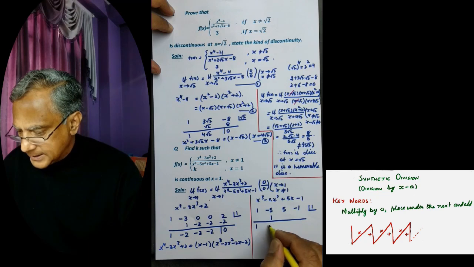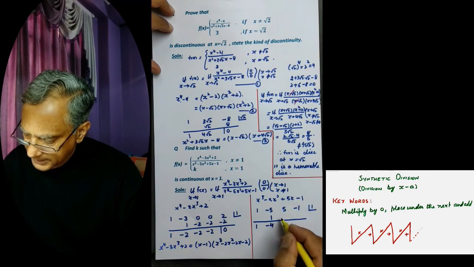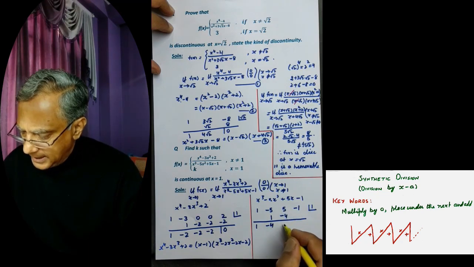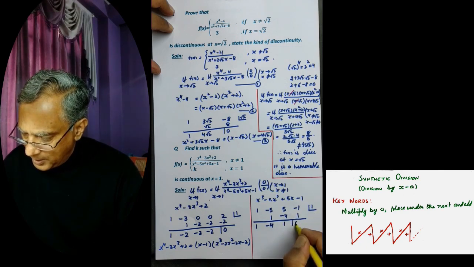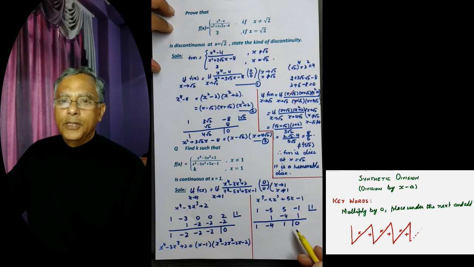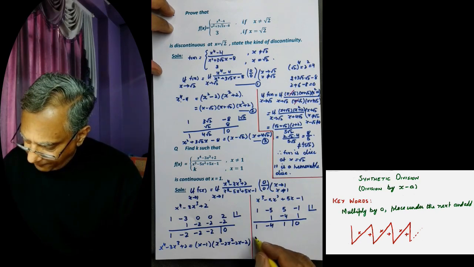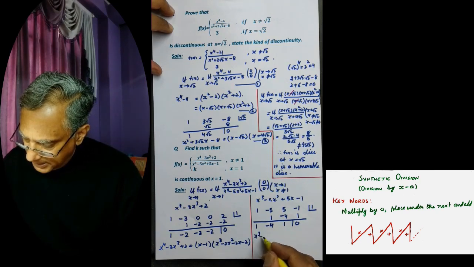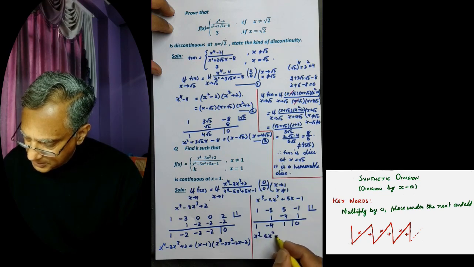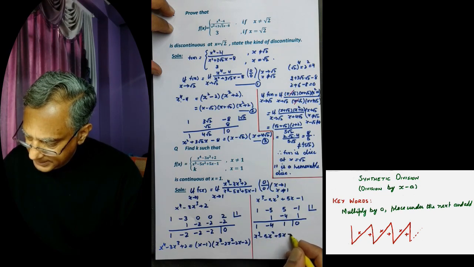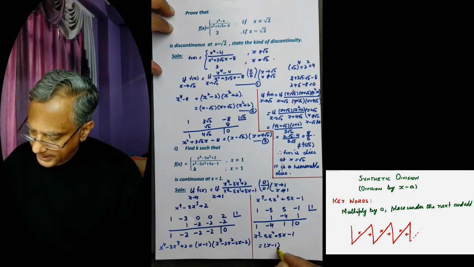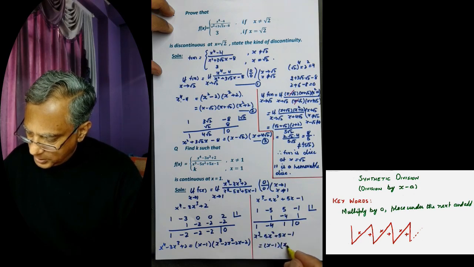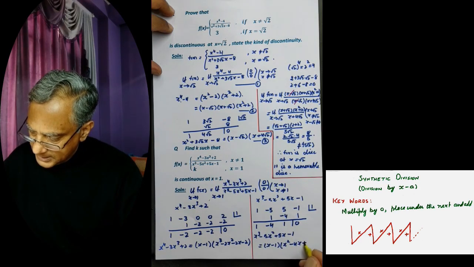Place under the next and add. Multiply by this, place under the next and add. Multiply by this, place under the next and add. Remainder is 0. So we get the factors: x^3 minus 5x^2 plus 5x minus 1 is equal to x minus 1 into, now this is constant, x^2, so we get x^2 minus 5x plus 1.